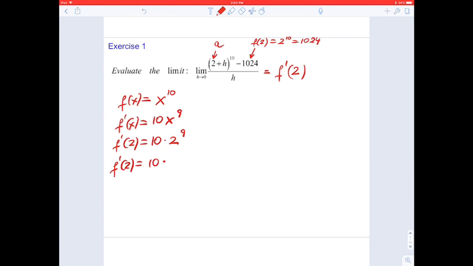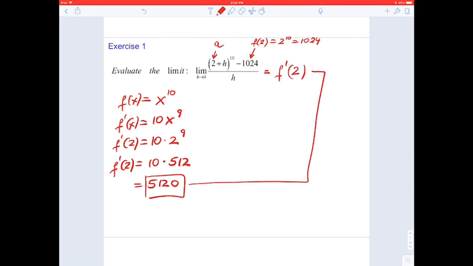Since 2 to the power of 10 is 1024, I have to divide by 2 and I will get 2 to the power of 9, 512. Multiplying 512 times 10, we're just adding 0. That means this is the final answer. This limit is defined as a derivative of x to the 10 at 2, and the final answer is 5120.